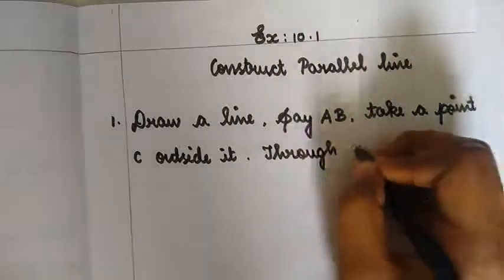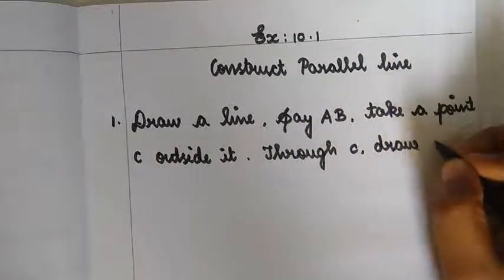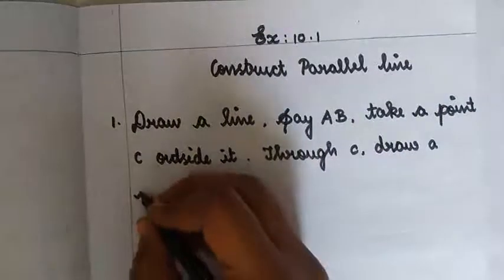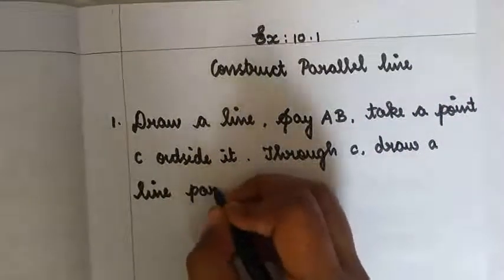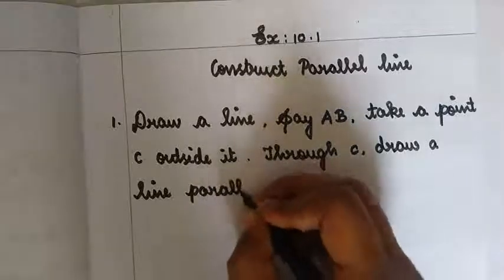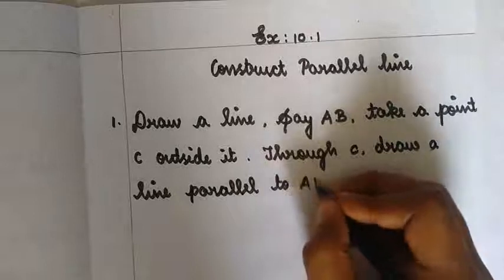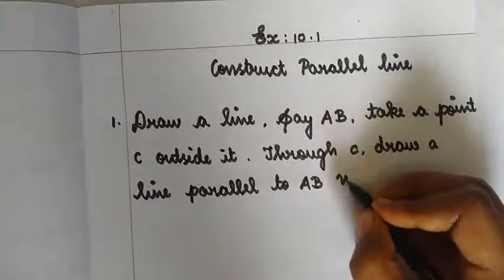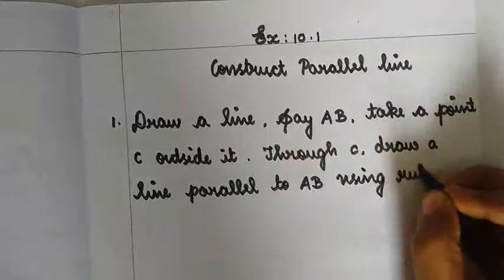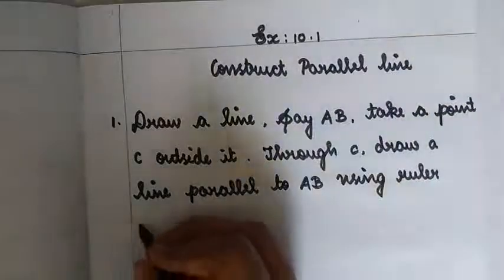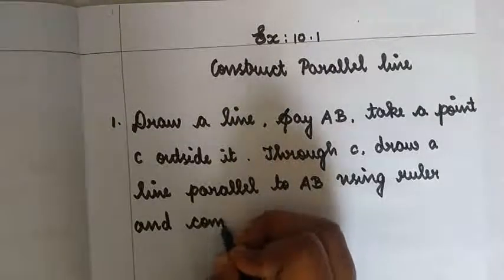Through C, draw a line parallel to AB using ruler and compass. Ruler and compass only.